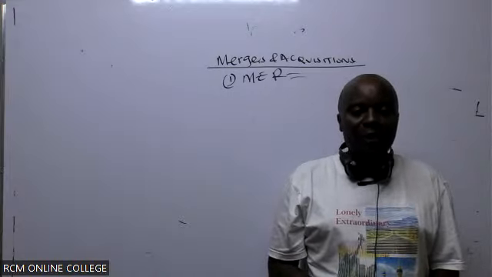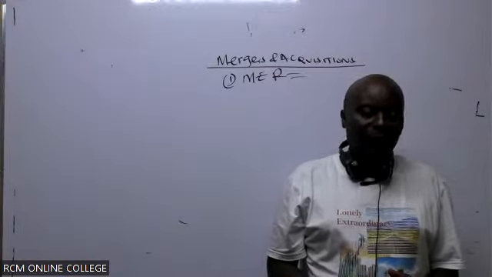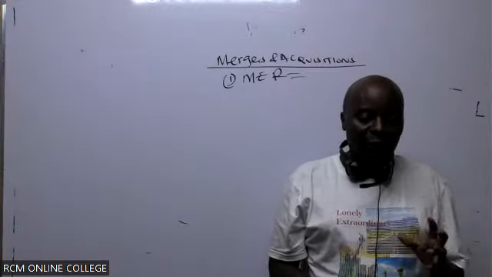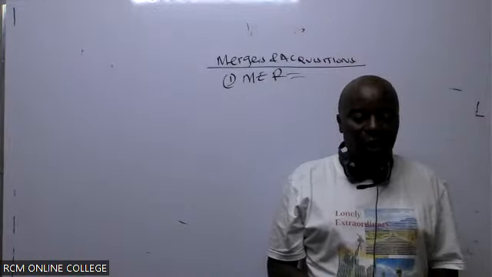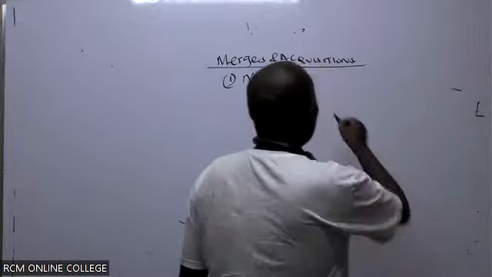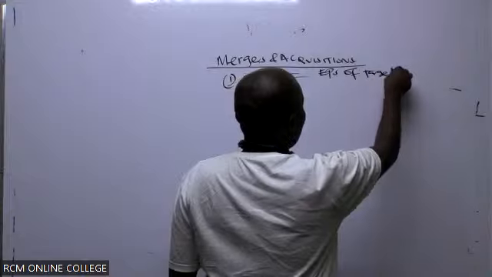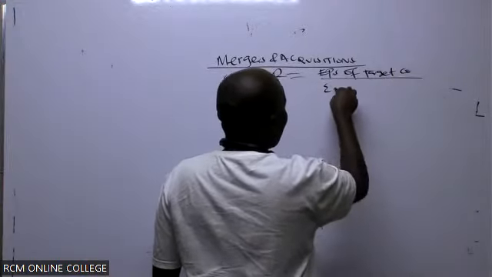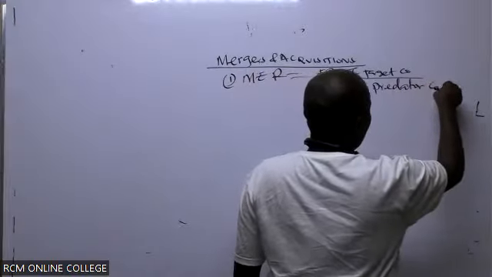We had already begun. The very easy formula that all of us should be able to know, mergers and acquisitions. Yes, so we have EPS of the target company all over EPS of the predator company.